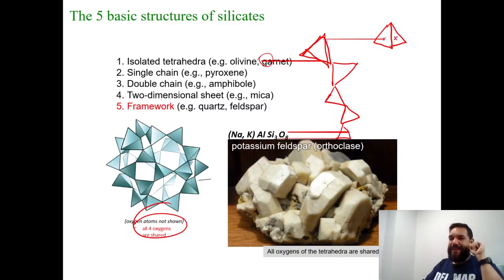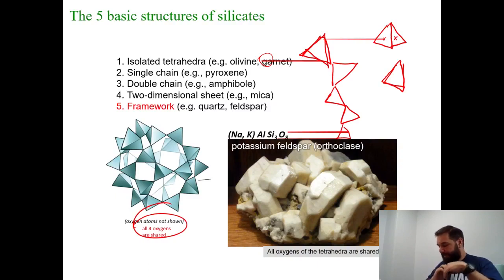No. Never happens. It can share all of its oxygens, but it has to share with 4 different individuals. It can only share on points, not on sides, and not on faces. Faces can't be shared. If they do that, it brings the silicon atoms too close to each other, and they don't like that.